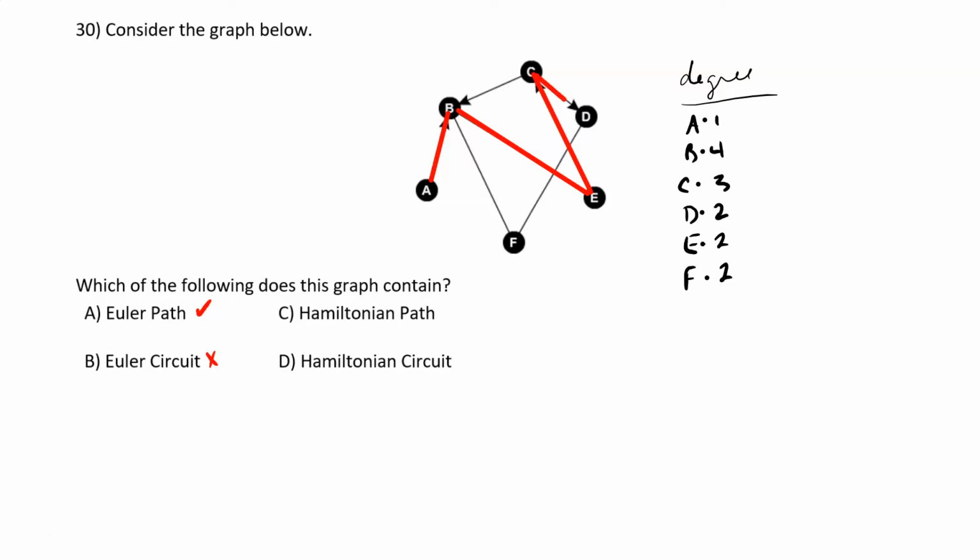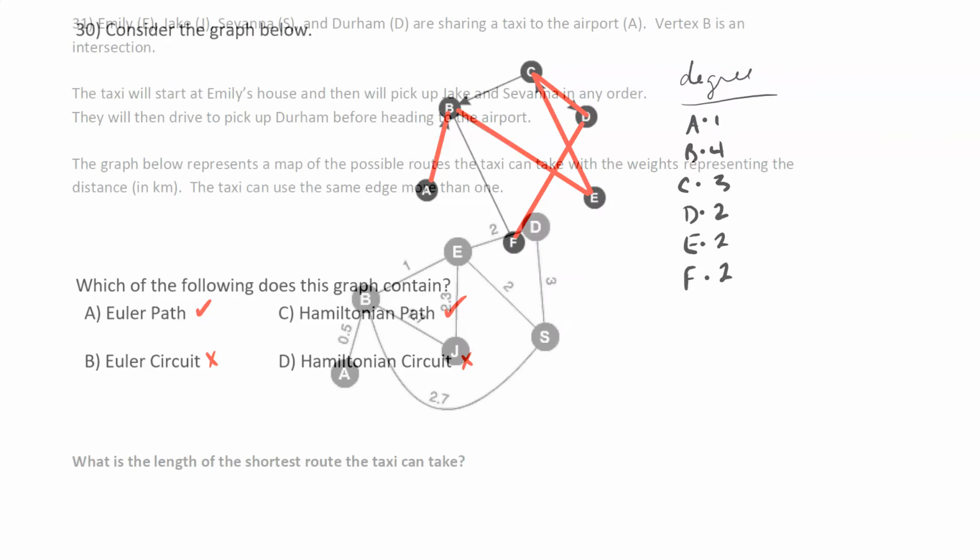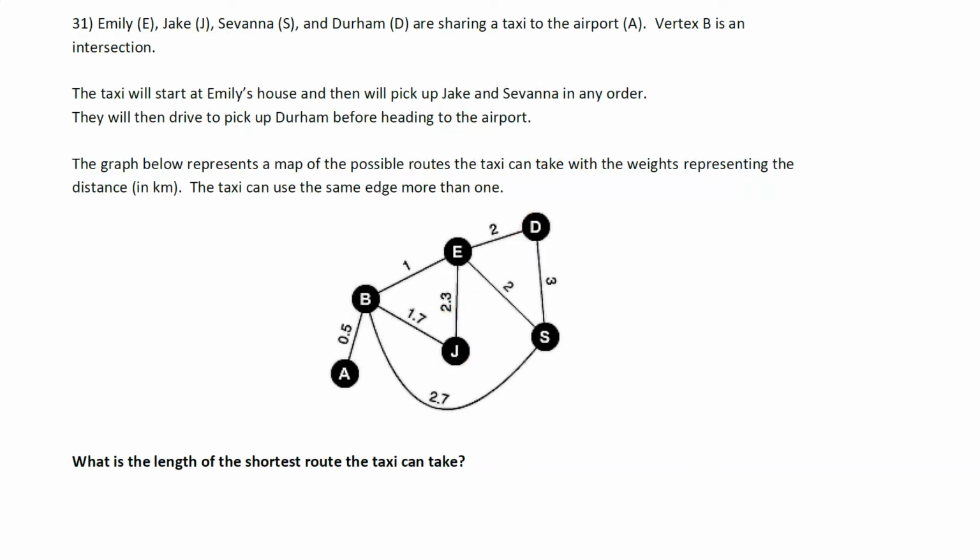However, the directed edge does allow me to go to D. From D, I can go to F. So with that path, I've been able to go to every vertex once and only once. That means I do have a Hamiltonian path. As I mentioned, since vertex A is a single degree vertex, we're not able to complete a circuit, so there is no Hamiltonian circuit.